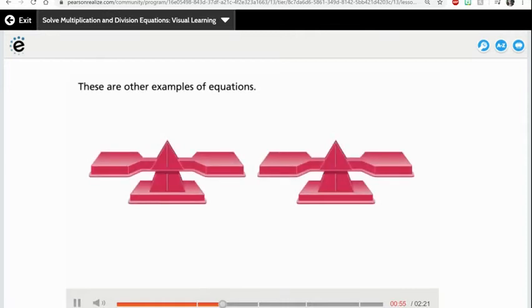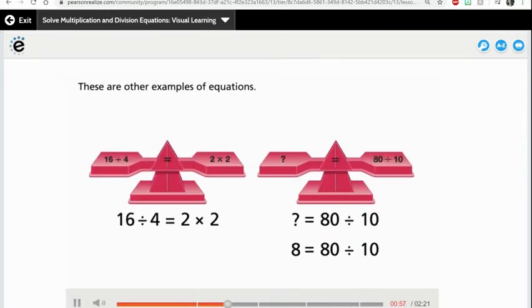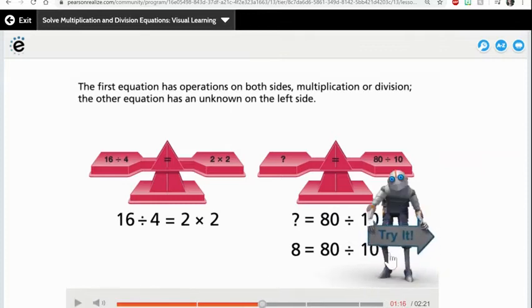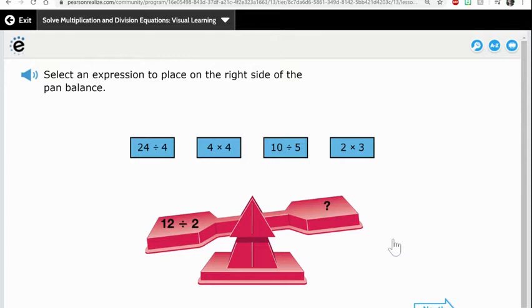These are other examples of equations. What makes these equations different from other equations you have seen before? The first equation has operations on both sides, multiplication or division. The other equation has an unknown on the left side. 12 divided by 2 is 6.